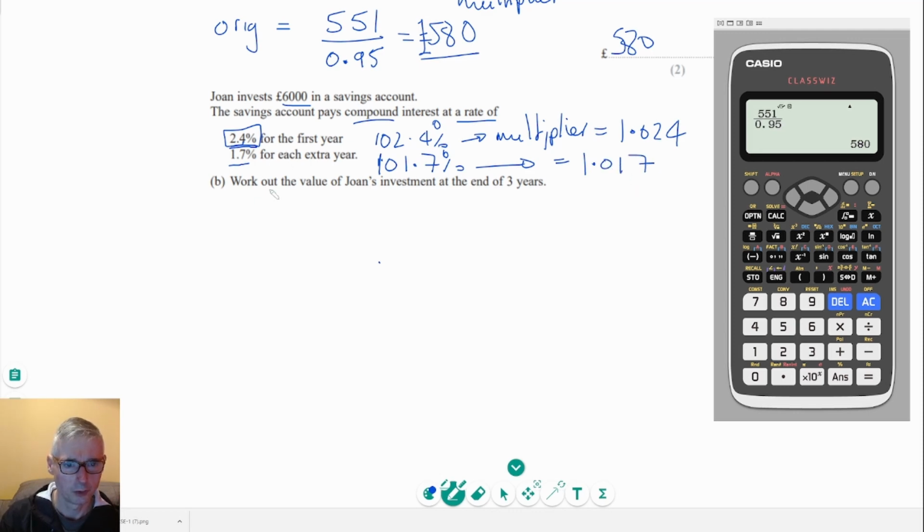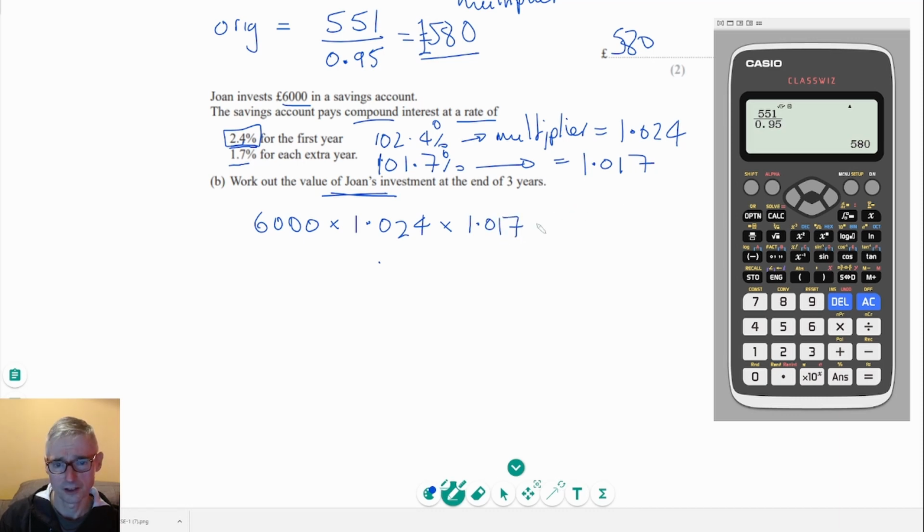And so to work out the value of Joan's investment at the end of 3 years, I'd take my original amount of 6,000, and to find out what it was at the end of the first year, I'd times it by the first year multiplier. So that's that figure. And then at the end of the second year, I'd have to multiply it by the 1.017, because that's the multiplier for the second year.